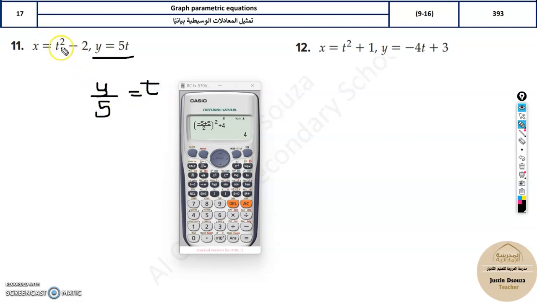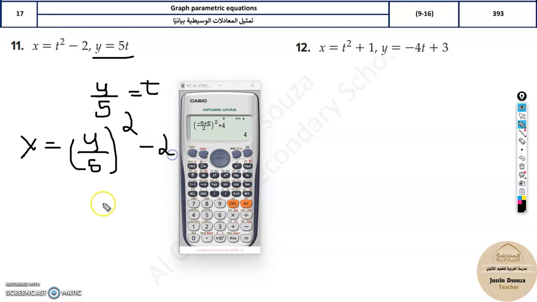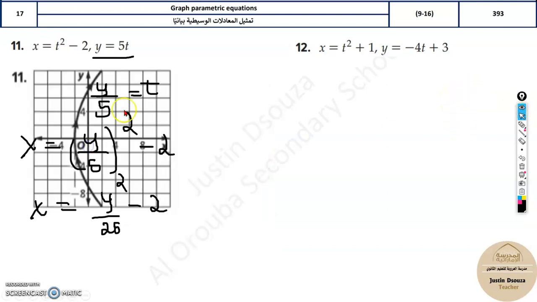Now substitute this over here. It'll be x is equal to (y by 5) the whole square minus 2. That is x is equal to y squared by 25 minus 2. Or this is enough.